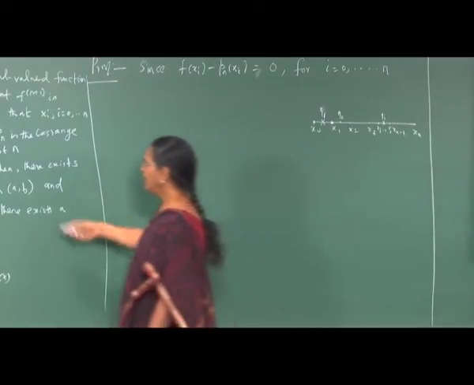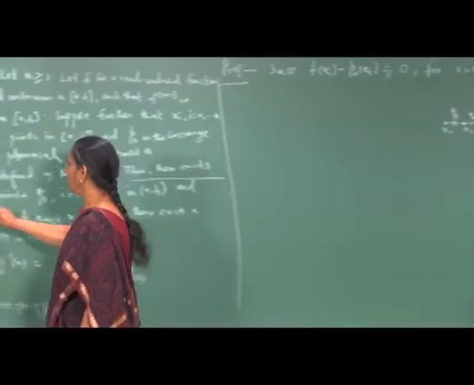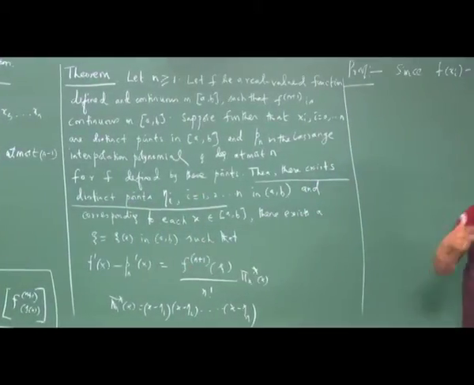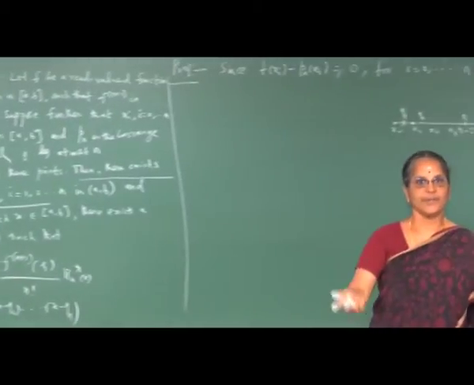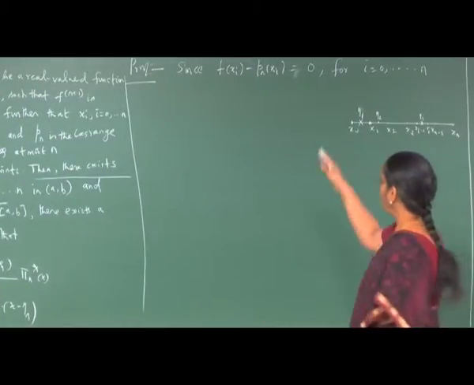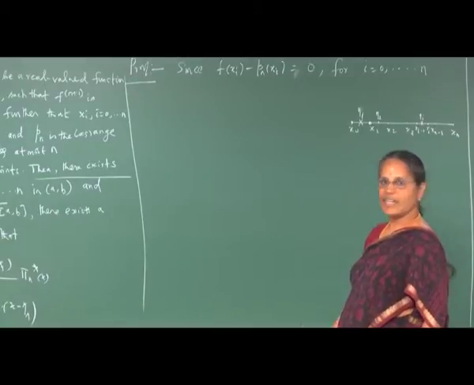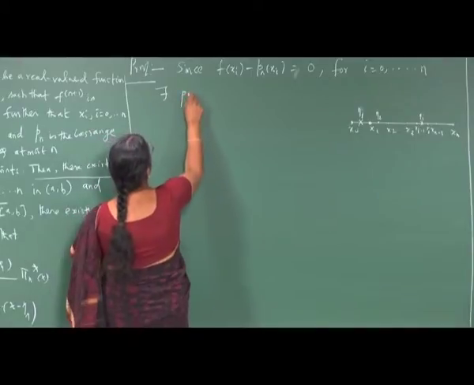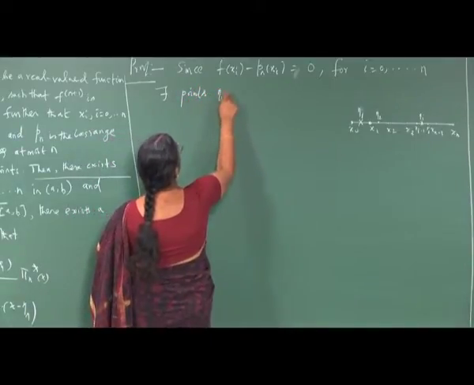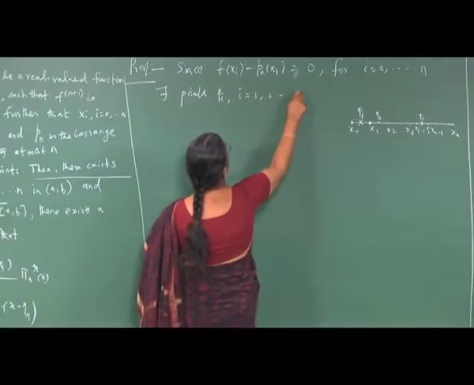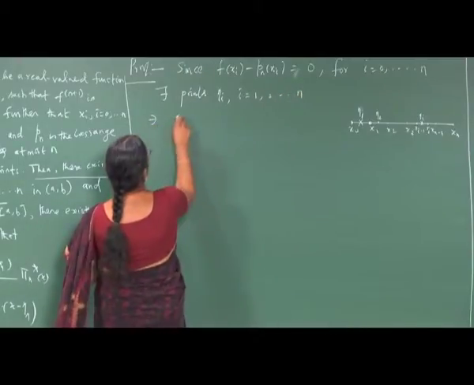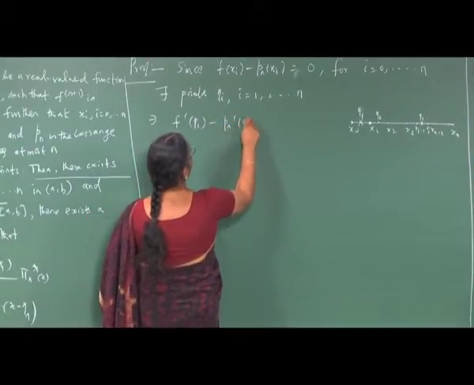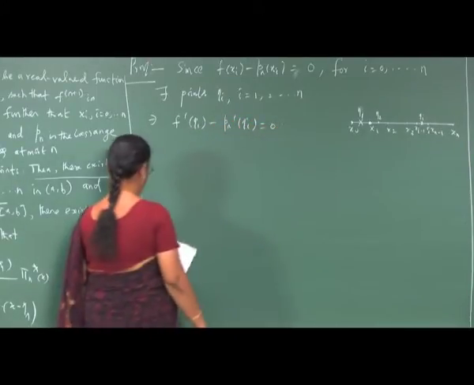That immediately shows this result that there exist distinct points eta i in (a, b). What are these points? These are points at which f dashed minus Pn dashed vanishes. So, there exist points eta i for i equal to 1, 2, 3 up to n such that f dashed of eta i minus Pn dashed of eta i is equal to 0.